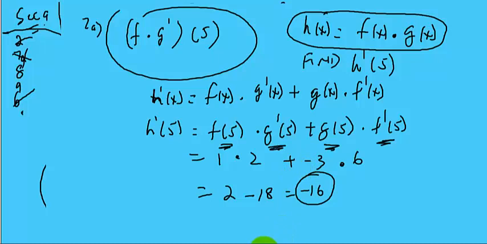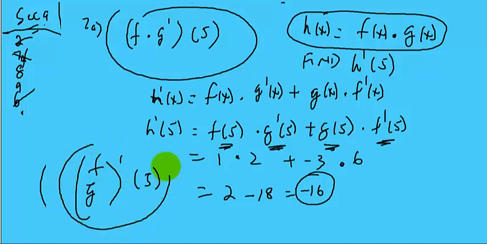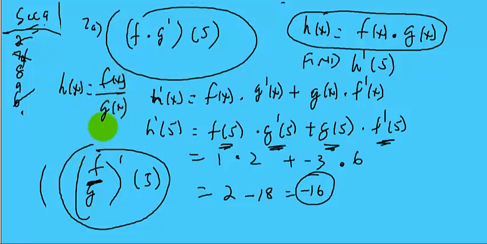So what do you think (f over g) prime of 5 really means? What do you think this means in B? What are they asking you to do? Use quotient rule. What's my h of x? This is really f of x over g of x. And then what do you have to do to take a derivative of that?